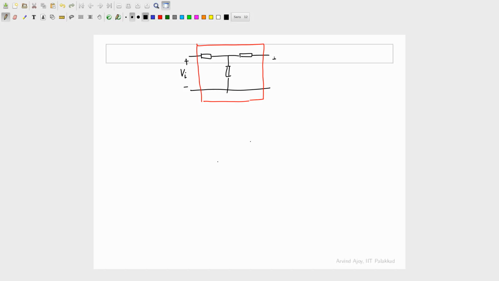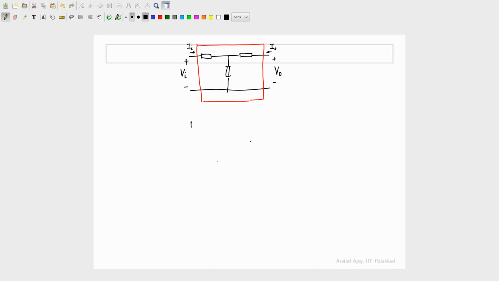Then, if I just define in general this voltage, now bad nomenclature, let me call this voltage some VI, the input, and let me call this VO, the output.